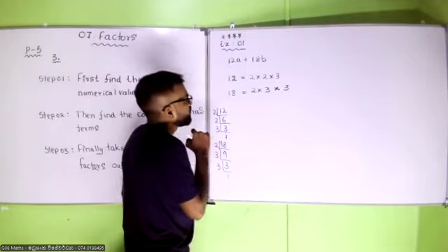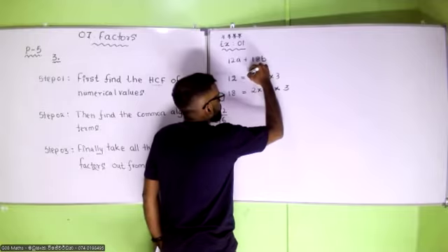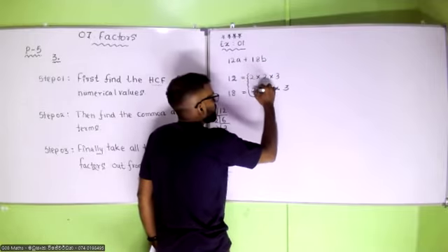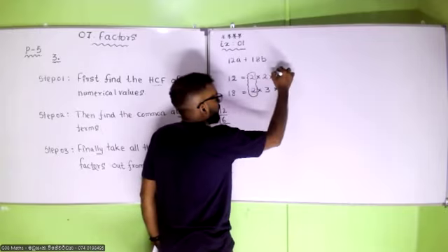Here, what are the common numbers? 2 and 3.